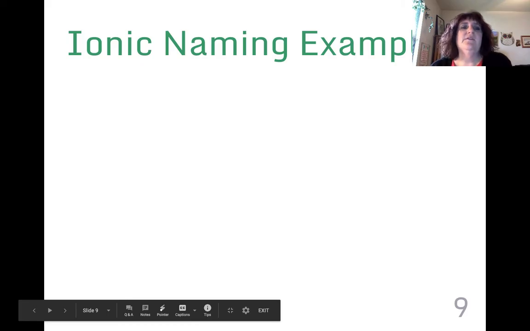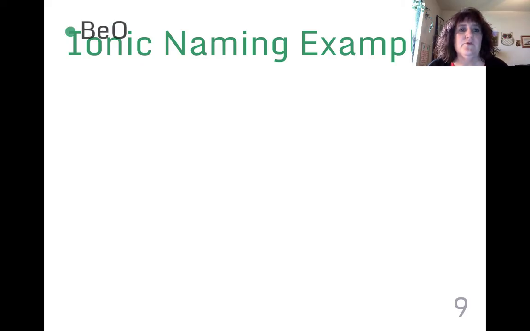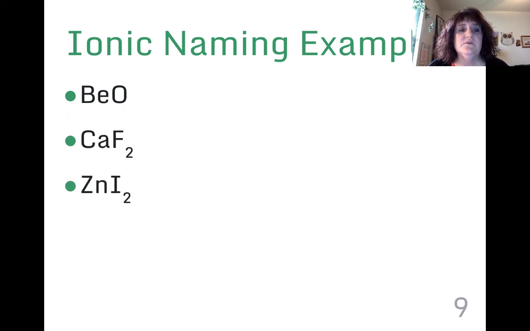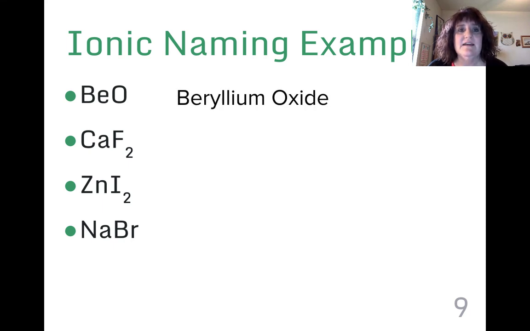Let's go through some other ionic naming examples. We're going to look at BeO, CaF2, ZnI2, and NaBr. So first, remember first name and last name. BeO would be beryllium oxide. CaF2 would be calcium fluoride.